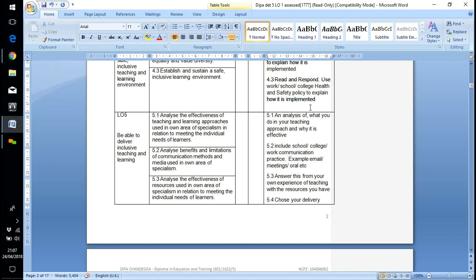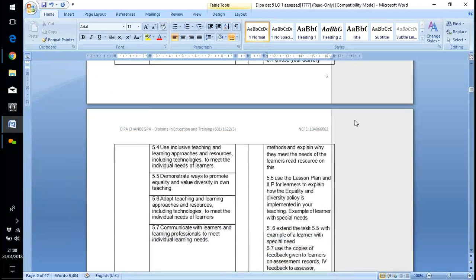So if there are issues within your organisation, by all means, write about them. Don't bottle anything up. But anyway, I'm just giving you an outline and showing you how each of the learning objectives moves on from the last one.